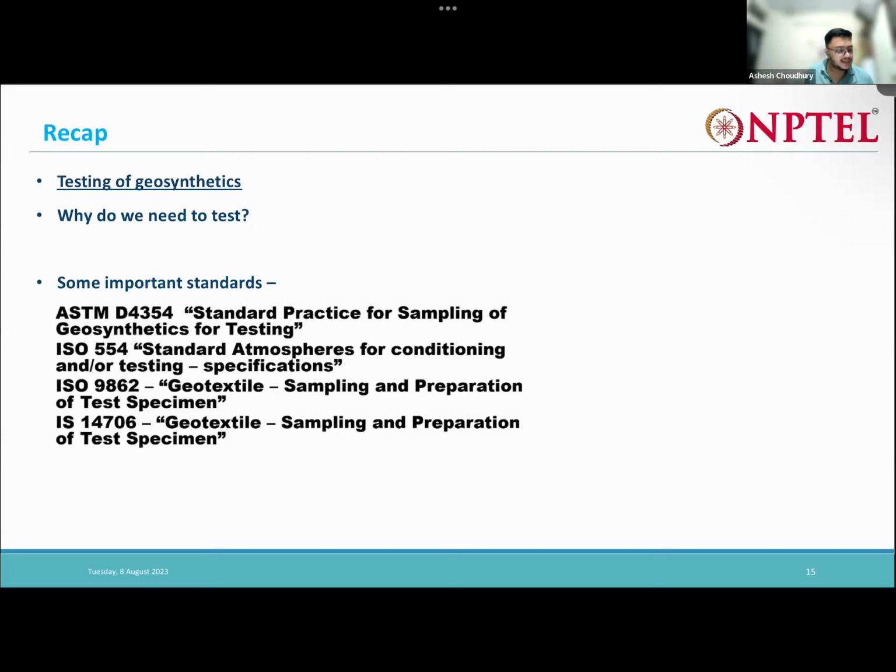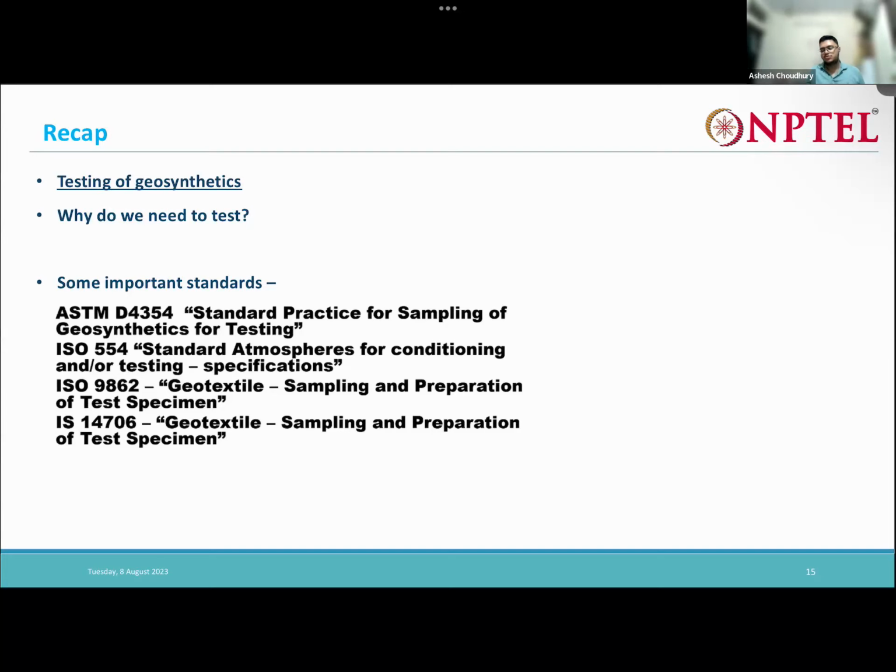Done. The next thing is which type of geotextile are you going to use? In order to answer that question, you conduct certain tests. So that's why you need this testing.